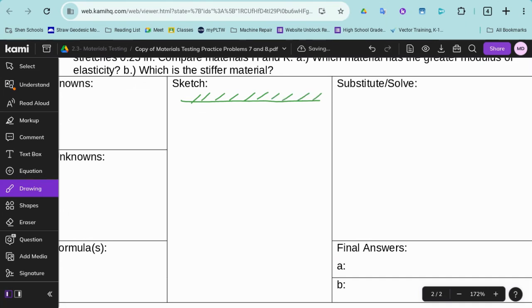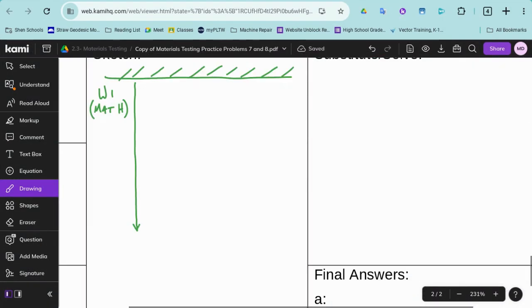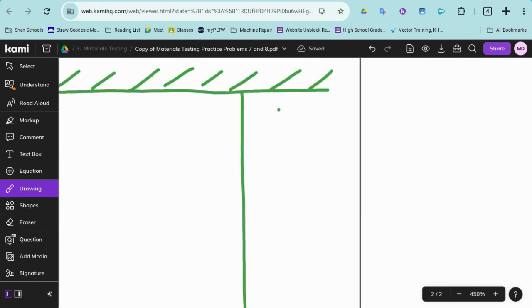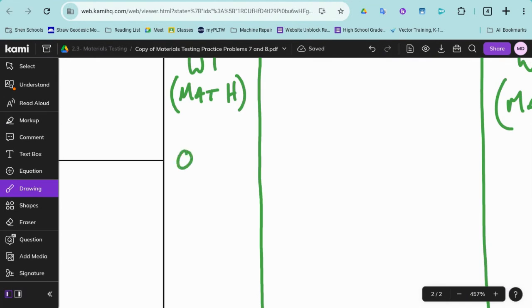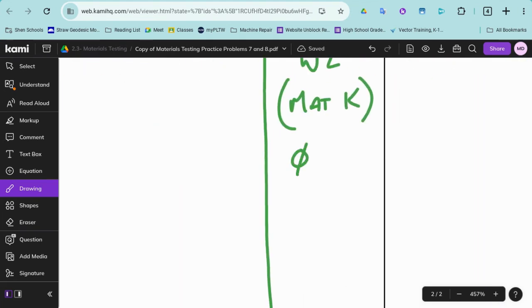We have two wires suspended here. We have wire 1, which is material H. And we have wire 2, which is material K. Wire 1 has a diameter of 3/8 of an inch, and wire 2 has a diameter of 3/16.